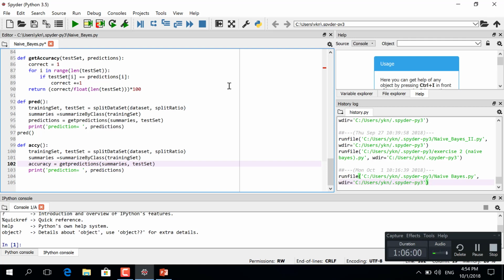Here get accuracy, summaries, test set, and here get accuracy.